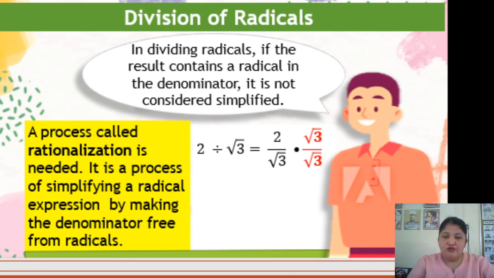We multiply the denominator by square root of 3 over square root of 3. Now we have 2 square root of 3 over square root of 9. So based on the process, which is the rationalization, we have now the final answer 2 square root of 3 over 3. So we already made the denominator free from the radical sign.